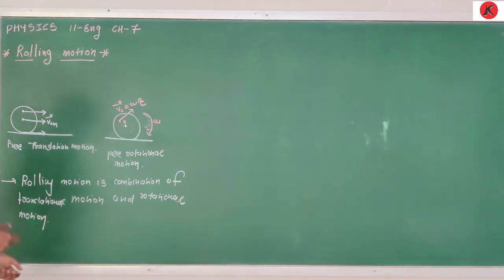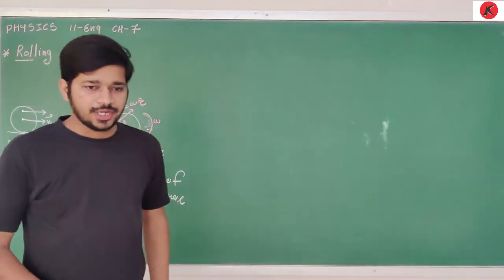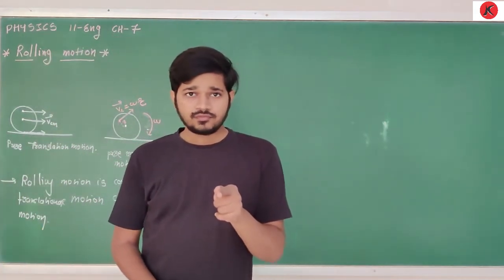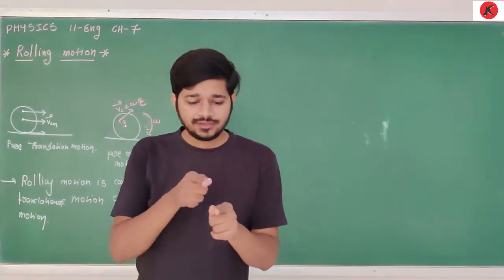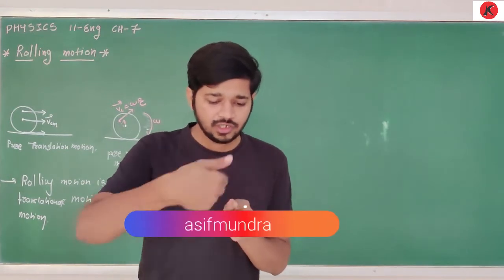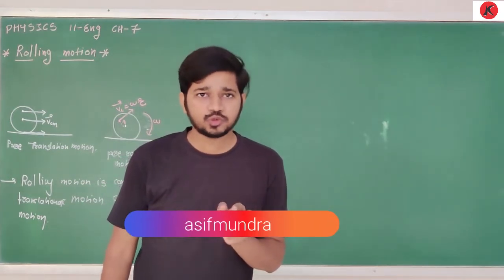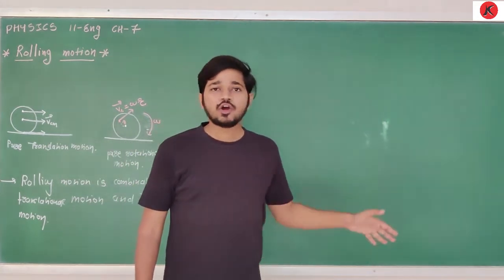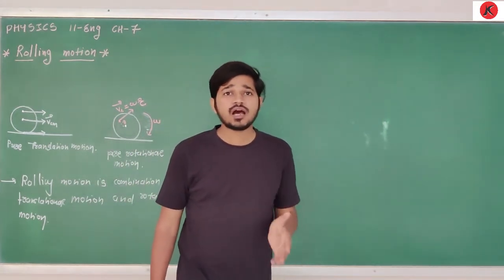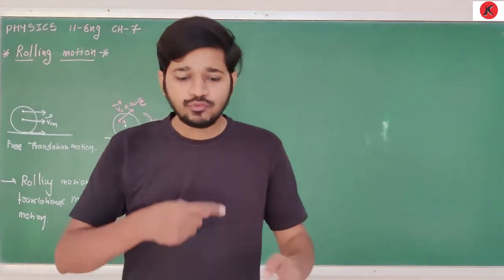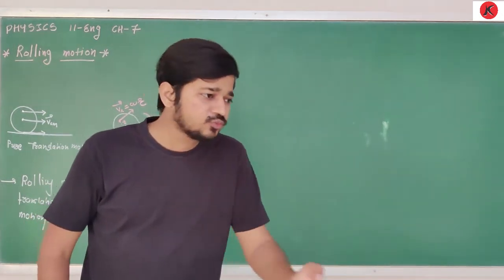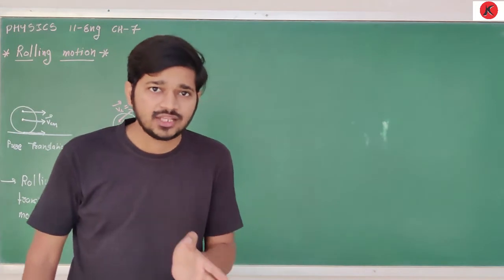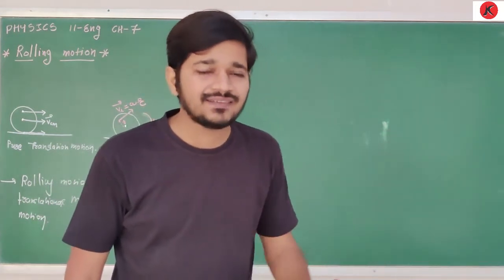What is an example of rolling motion actually? If I have one wheel and that wheel is rotating here only, then it is rotational motion. But take the motion of the wheel of any automobile, for example a car or two-wheeler. See, that wheel is rotating and as well as it is moving on the road, on a level surface.